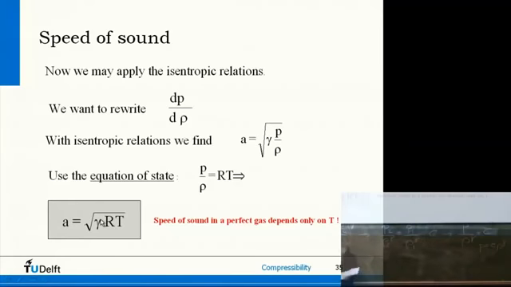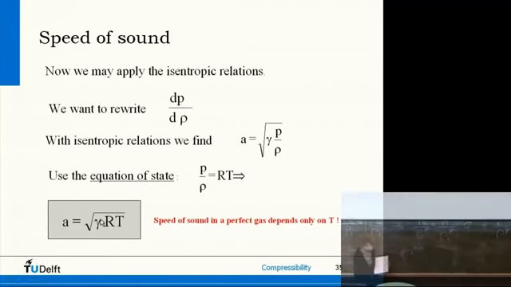Now I do dP over d rho for isentropic flow. So that is d by d rho of C times rho to the power gamma. So that is C gamma rho to the power gamma minus 1. Yeah? I can replace C.